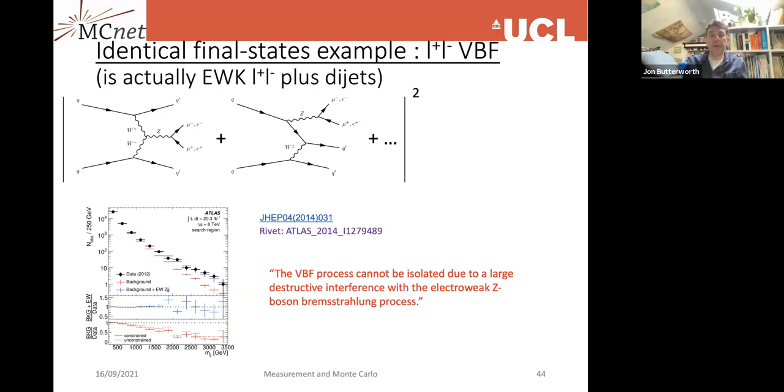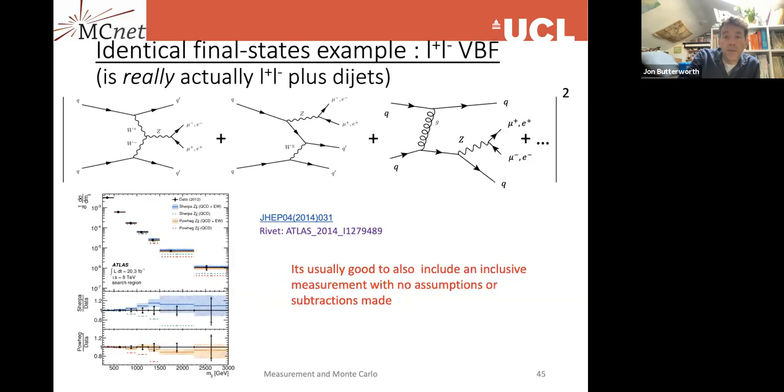But this process can't be isolated due to the large destructive interference between the electroweak Z boson Bremsstrahlung process and the vector boson fusion process. But you can define some bits of phase space where it makes a more significant contribution than others, and you can then interpret the cross-section measurement and extract information about vector boson fusion.